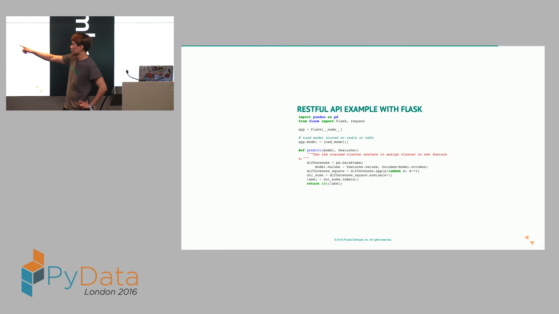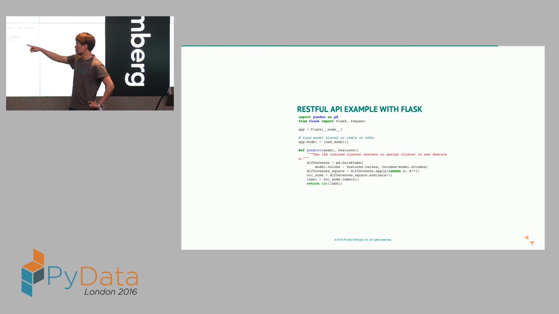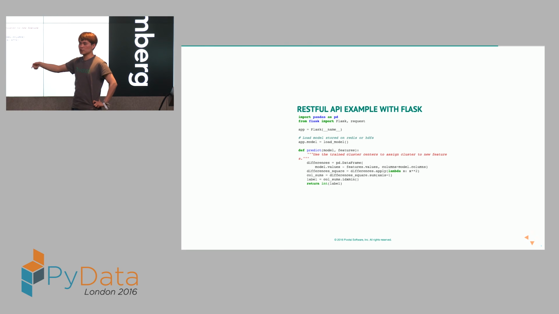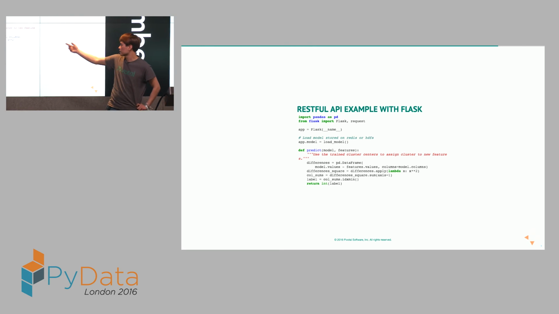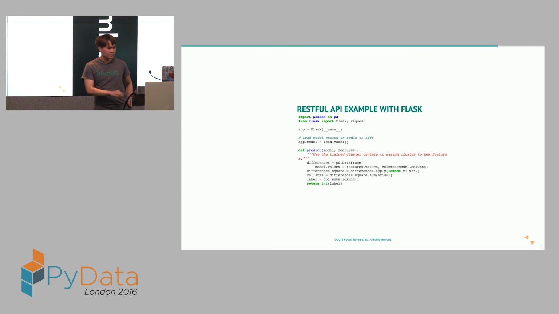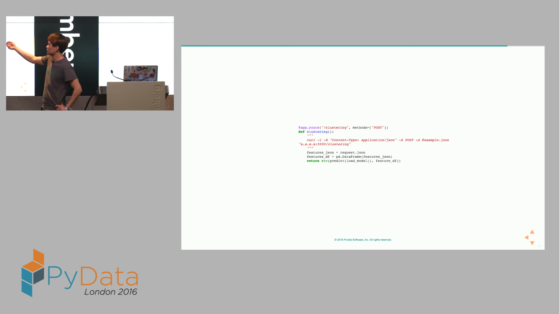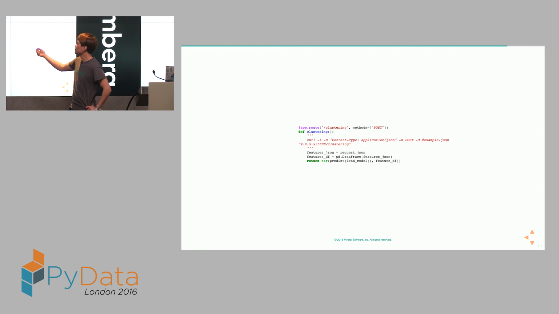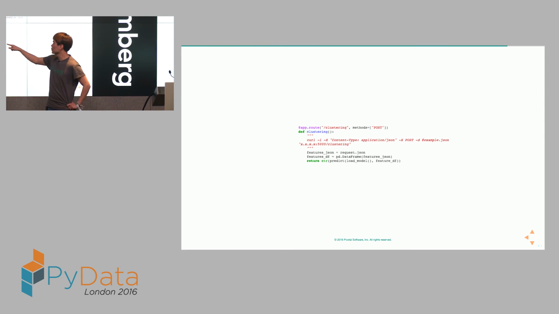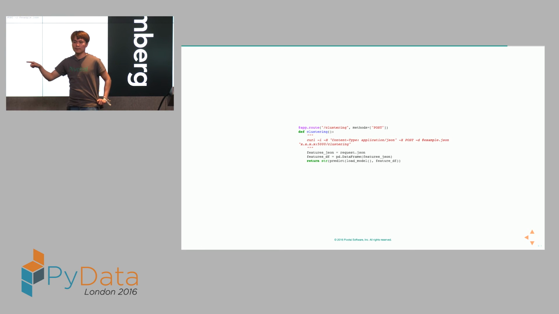And then what we do is we load the model. And afterwards, we write our own function to predict the label in this case. This is also a very simple example. So I usually use POST to post some data through JSON, and then from the JSON file, I actually create a PySpark data frame, and then from there, I use the predict function with the model to return a label.